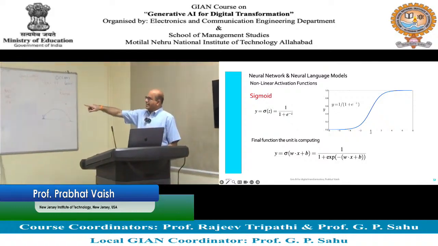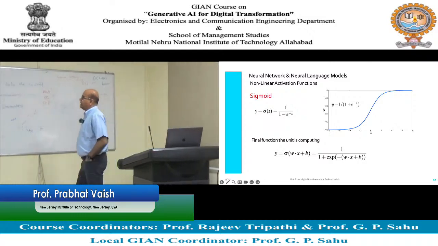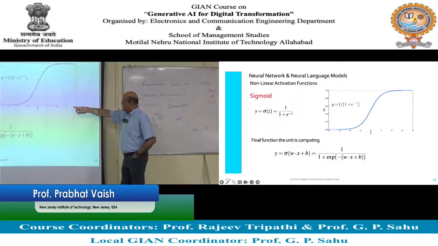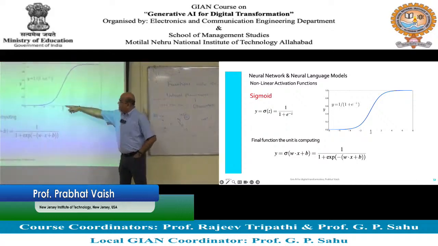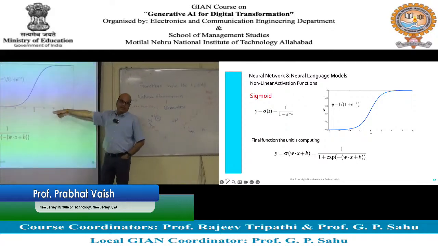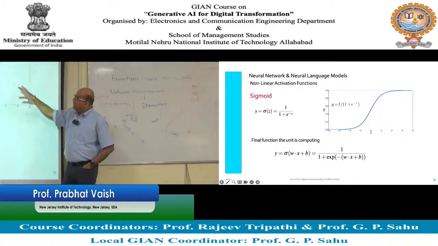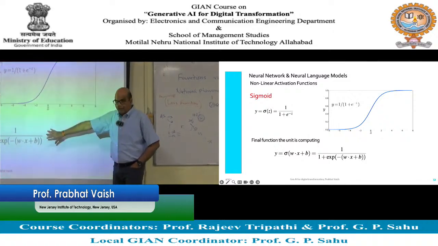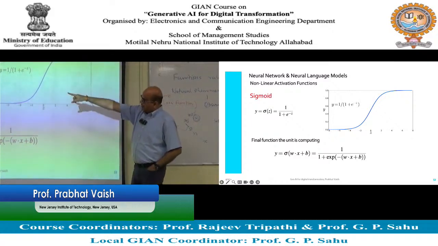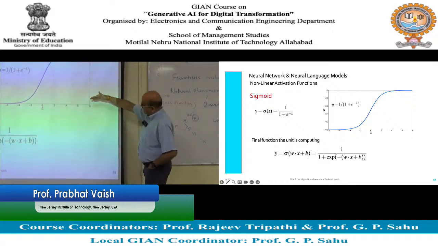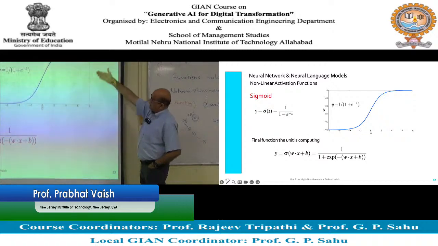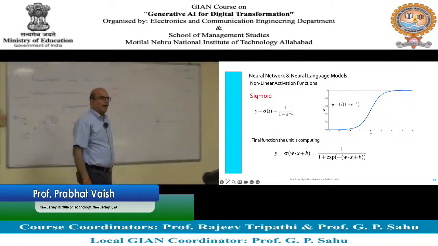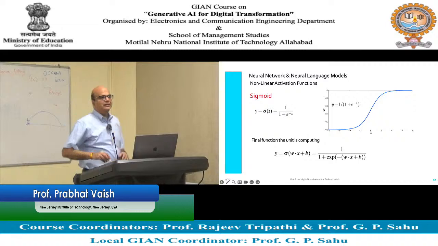It's compressing whatever value you give to z into 0 and 1. That's what it's doing. So if you take the output of your summation of a neuron and pass it through a sigmoid, you're guaranteed that your output would be between 0 and 1. Why is it important or relevant?